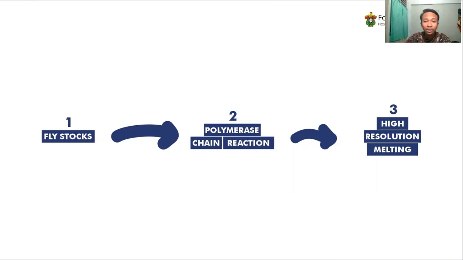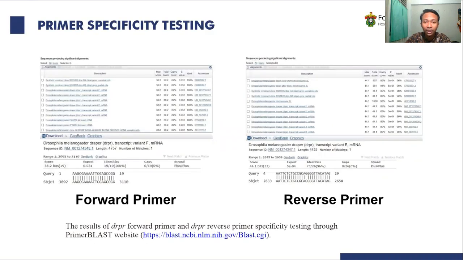To confirm the specificity of the Draper forward and Draper reverse primers, we used the Basic Local Alignment Search Tool, BLAST, analysis. This database search tool simply reflects the similarity between the sequences of our two Draper primers and the Draper sequence stored in the BLAST database.